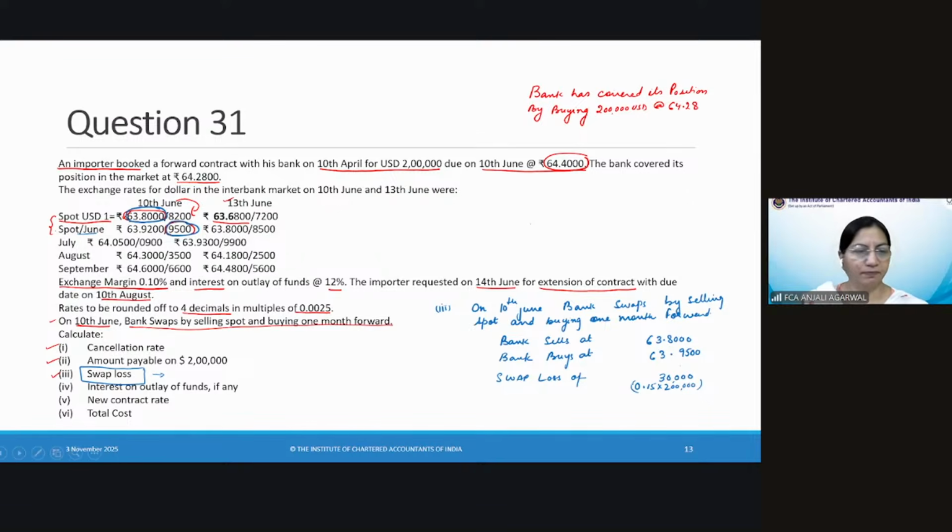Okay. The next thing that we will calculate is interest on outlay of funds.